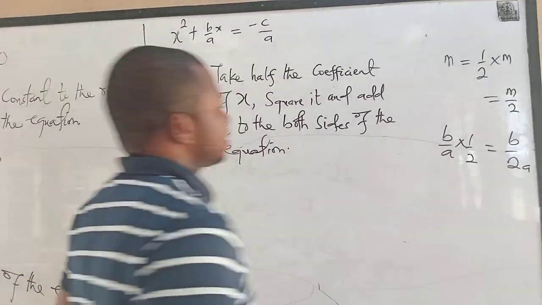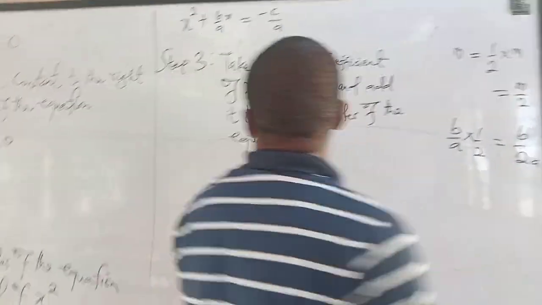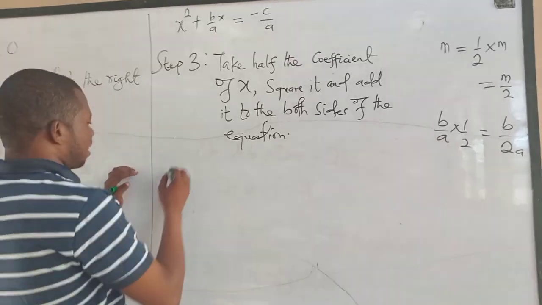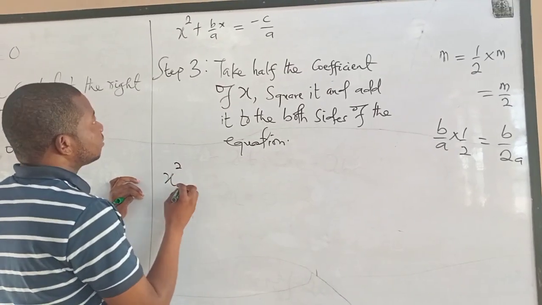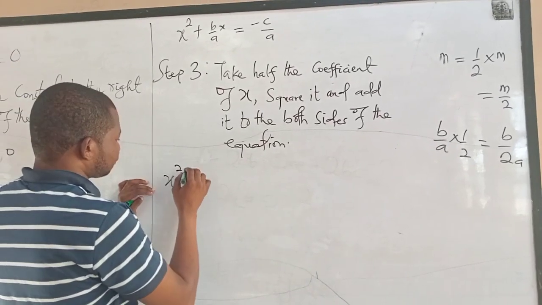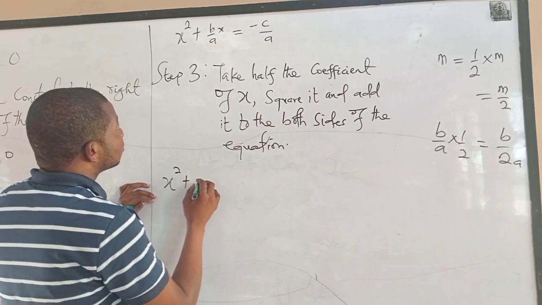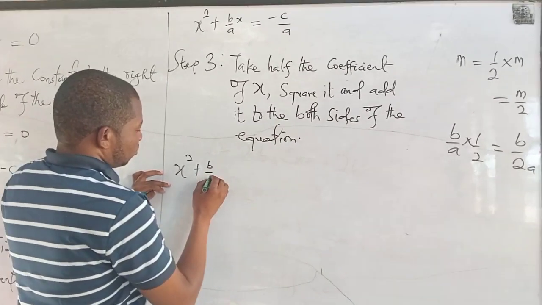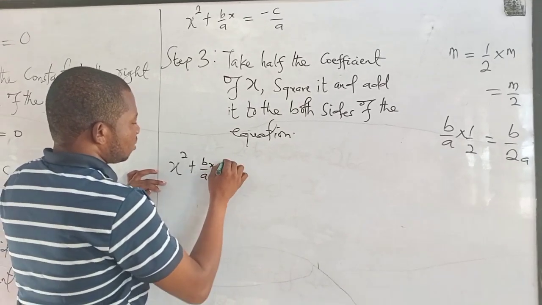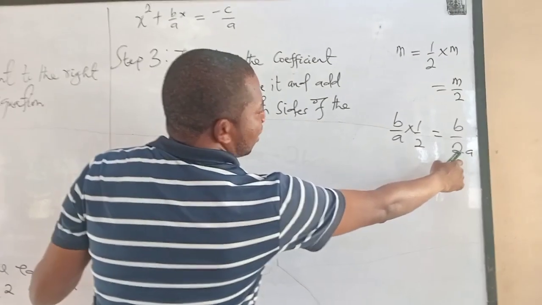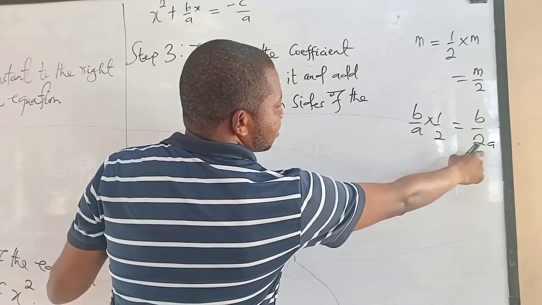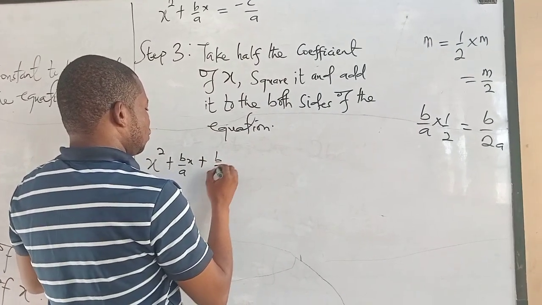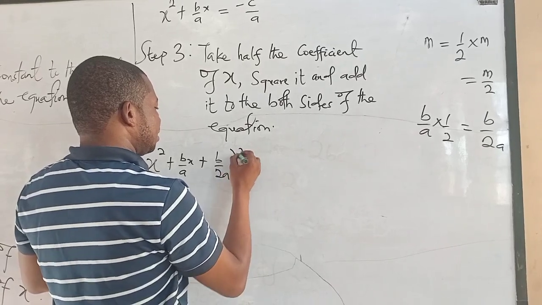And now it says square it and add it to both sides of the equation. So now I'm going to have x squared plus b over a x plus, I'm taking the half, b over 2a, squared.